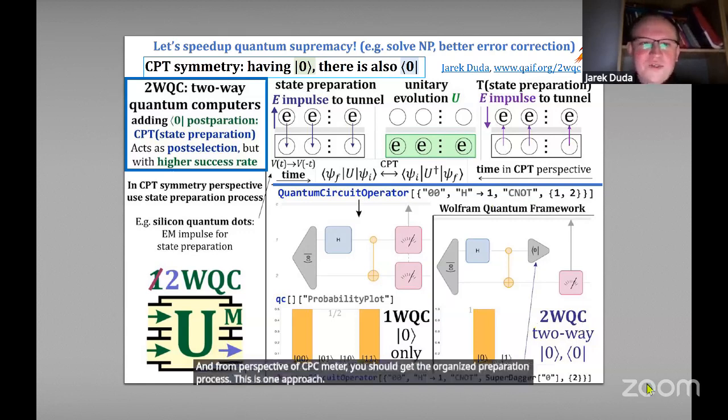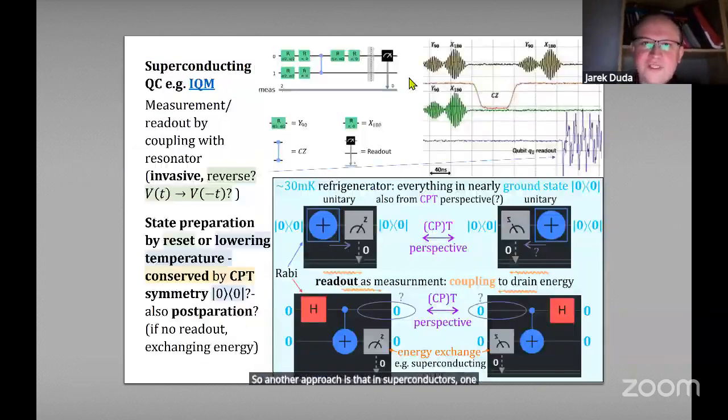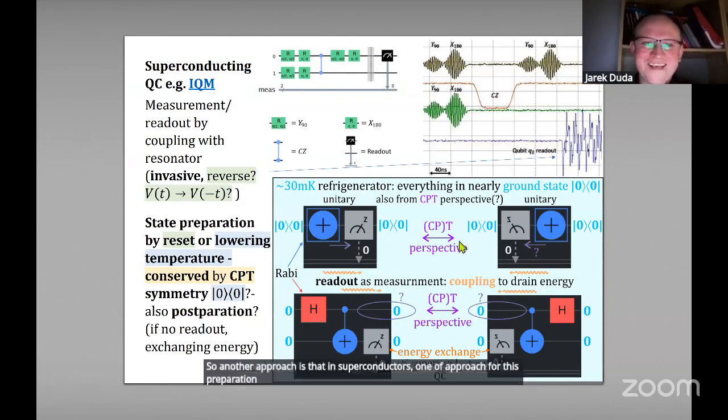Another approach is in superconductors. One of the approaches for state preparation is that it just uses a very low temperature, so we can assume that everything is in the ground state.